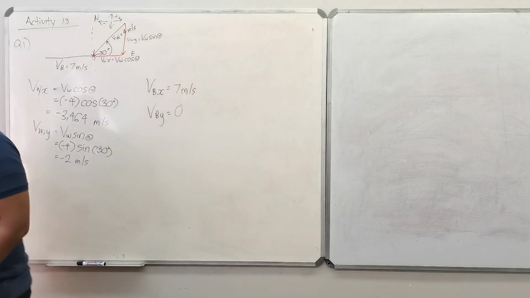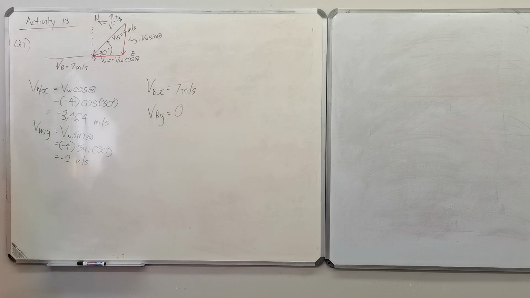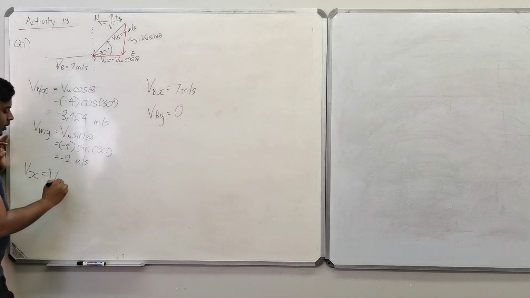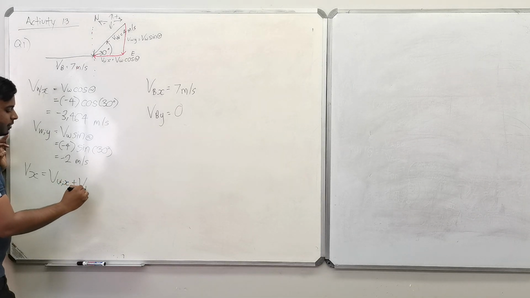What will we do next? Now you have to add your horizontal and vertical, your x and y components. So you'll say the velocity along your x-axis will be equal to the velocity of the wind along your x-axis plus the velocity of the bird along your x-axis.